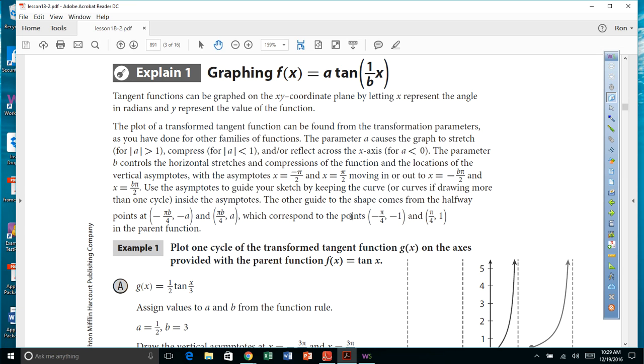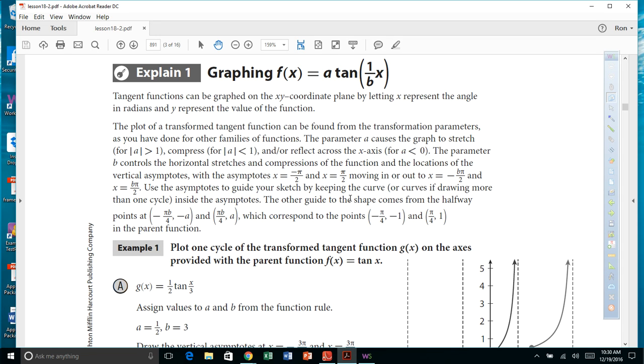Graphing f of x equals a times tangent of 1 over b x. The tangent function can be graphed on the xy coordinate plane by letting x represent the angle in radians and y represent the value of the function. The plot of a transformed tangent function can be found from the transformation parameters, as you have done for other families of functions.